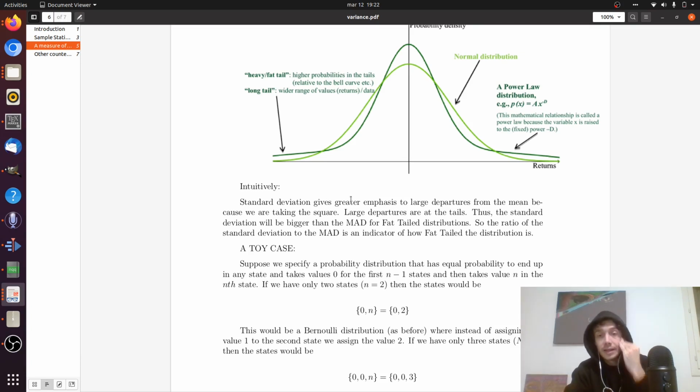Now, if there are large departures, these large departures are at the tails, thus the standard deviation will be bigger than the mean absolute deviation for fat-tailed distributions. So this should make sense to you. And this directly implies that the ratio of standard deviation to the mean absolute deviation is going to be an indicator of how fat-tailed a distribution is. This is just an intuitive explanation of this fact.